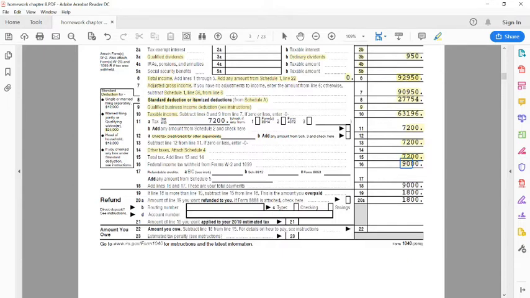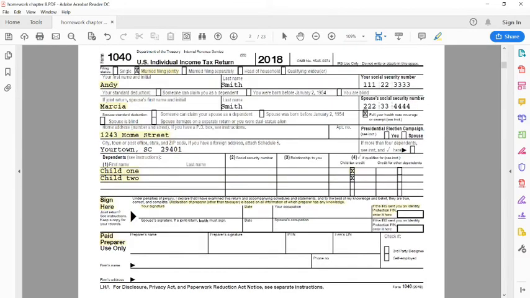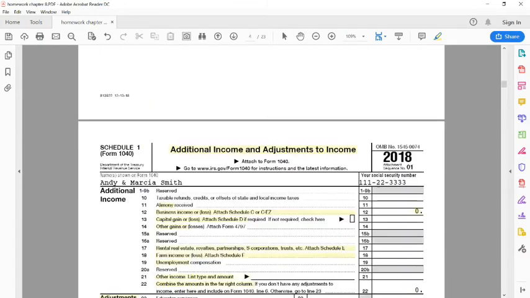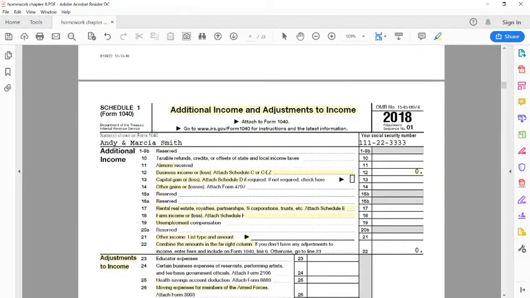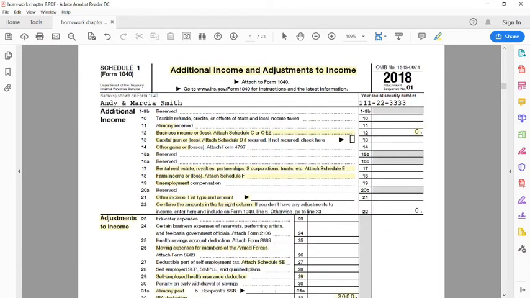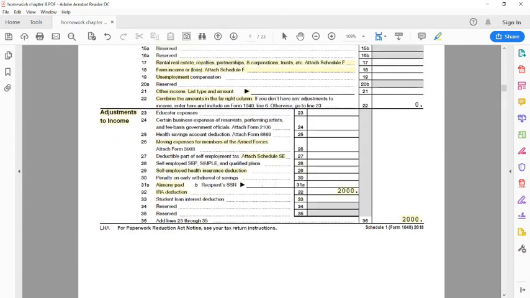According to the problem, we have $9,000 in federal income tax withheld, which gives us an overpayment of $1,800, and we want it to be refunded to us, so that $1,800 comes back. So this is the basics, 1040, page 1 and 2. Okay, we've already talked about Schedule 1, which is additions and subtractions for AGI.